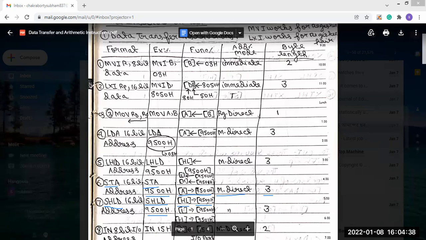In that memory location, the content will be loaded. So the content of the L register will go to the 9500H location.